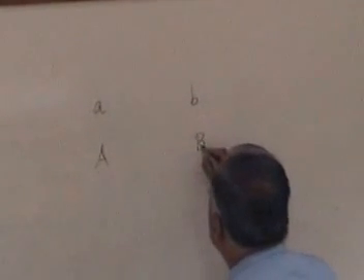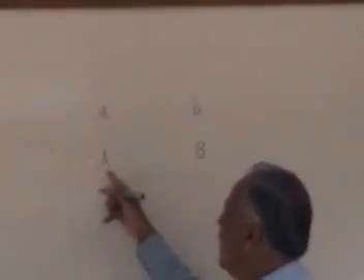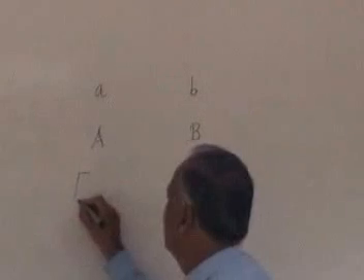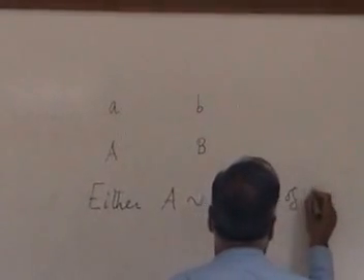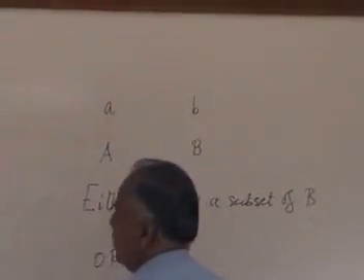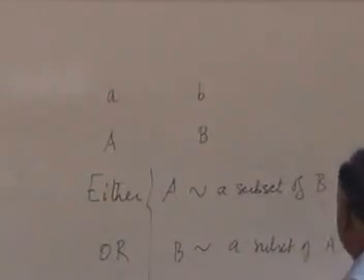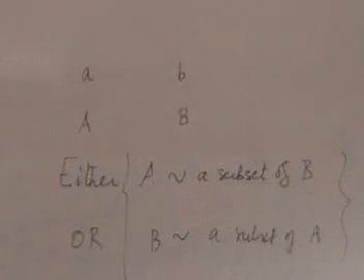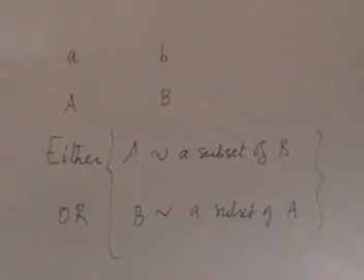And corresponding to this B, there is a set B which has cardinality B. Now what this says is either A is less than or equal to B, that is, A is equivalent to a subset of B, or B is less than or equal to A, B is equivalent to a subset of A. No, it cannot happen that neither A is equivalent to a subset of B nor B is equivalent to a subset of A. Remember, I wrote the four possibilities.